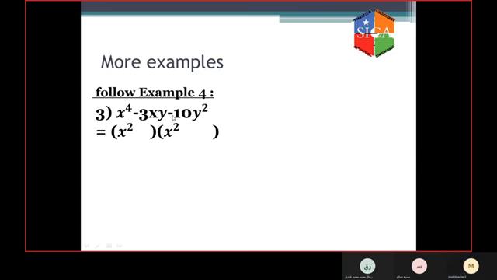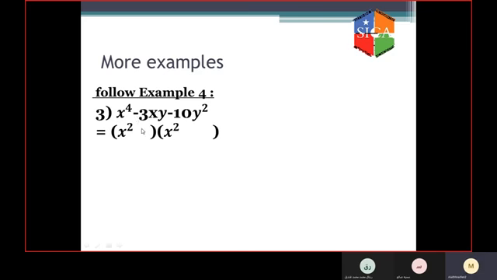And here the last term sign is negative. We search for two numbers whose product is 10 and whose difference, because the sign is negative, is 3. Two numbers whose product is 10, 2 times 5, and whose difference is 3. And the greater one of them takes the middle term sign, which is negative.